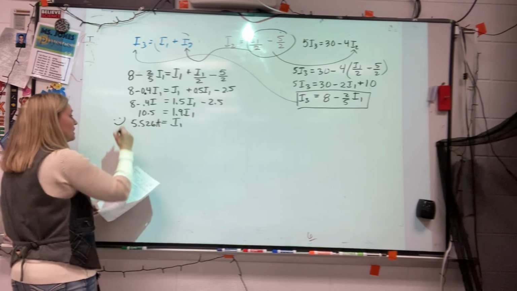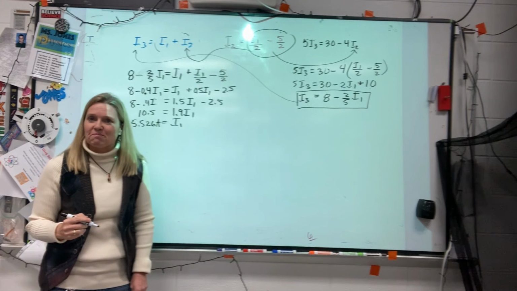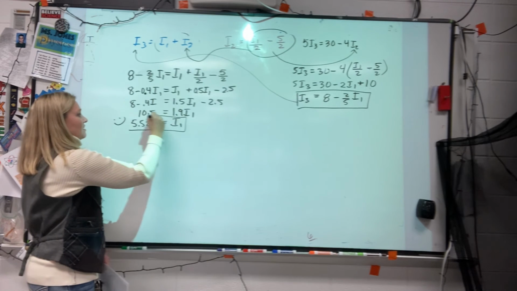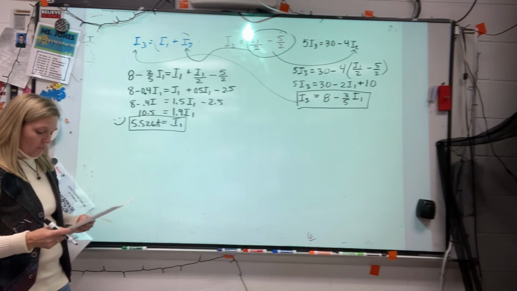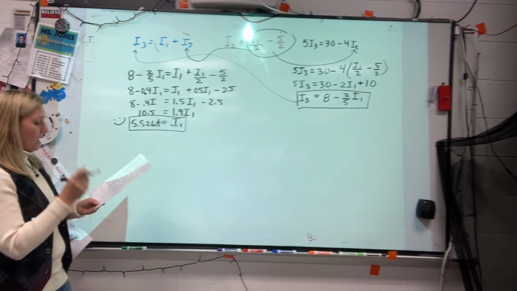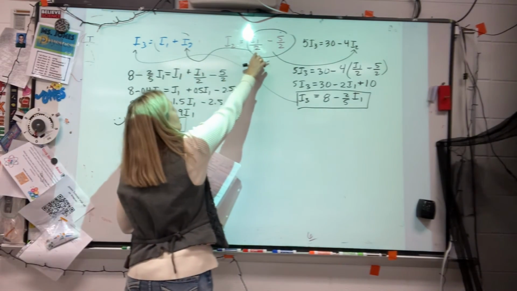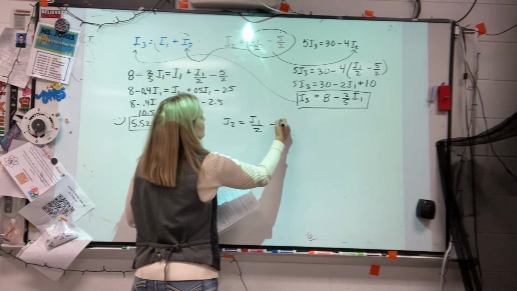And then we put a smiley face, because we have one of 3 answers. I have one of my currents. So now what are we going to do? I can go back to our friend up here and say, hey, remember I2 equals I1 over 2 minus 5 over 2?